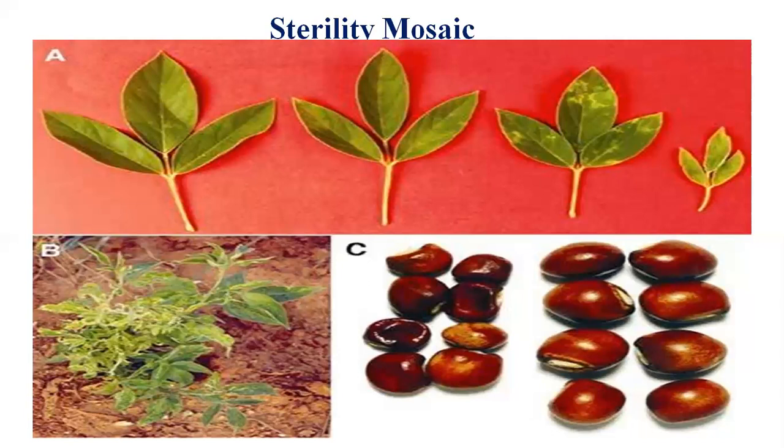There should not be any flowers or any pod formation. So that's why it is known as the sterility mosaic. Or maybe sometimes some very countable pods may appear on the plants. So this kind of seeds can be seen in those particular pods.